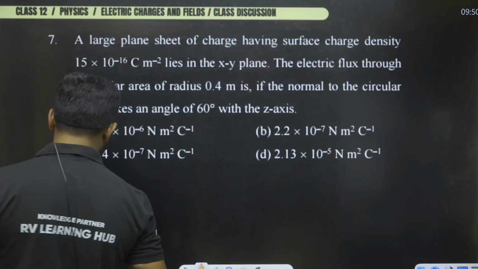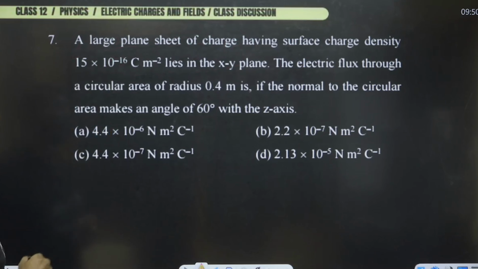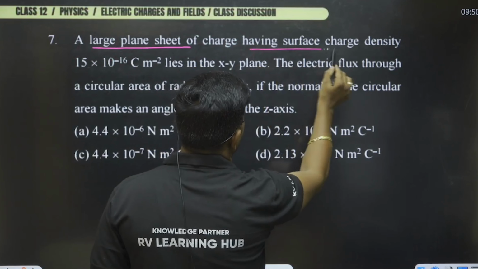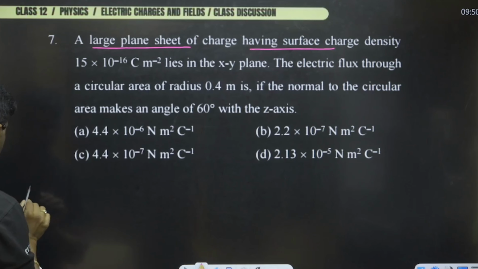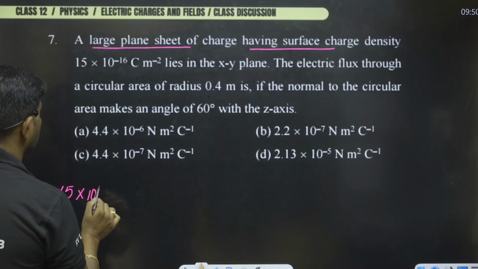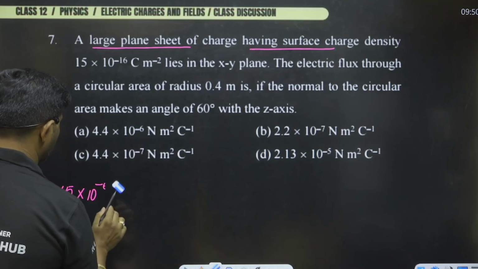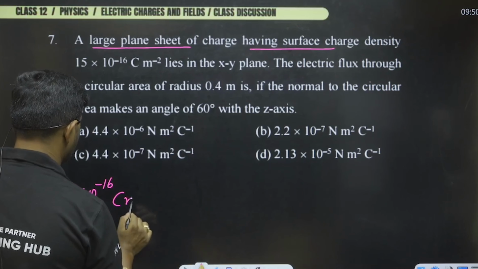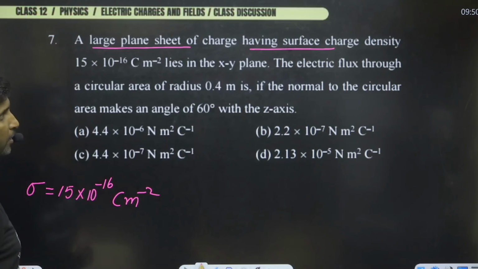What have they given to us? Please read this here. A large plane sheet of charge having surface charge density sigma. What is the surface charge density they have given? 15 into 10 to the power of minus 16 coulomb per meter square lies in the xy plane.